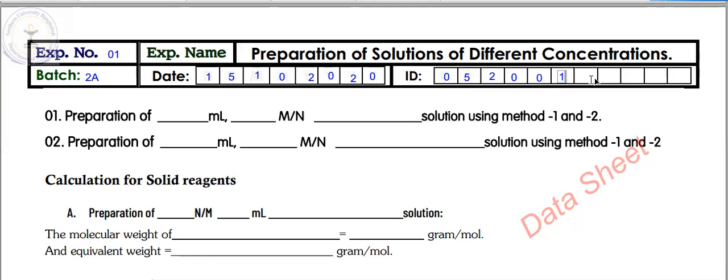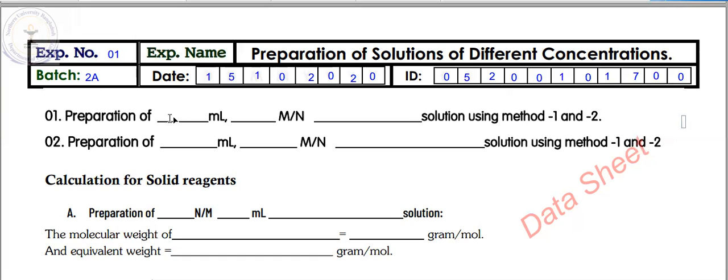Then 10, this is for spring batch, and the last 4 digits, 1700, maybe this is your roll. So these two portions have been accomplished: experiment number, dash, which is not a dash but your section, date, and your complete identification number.